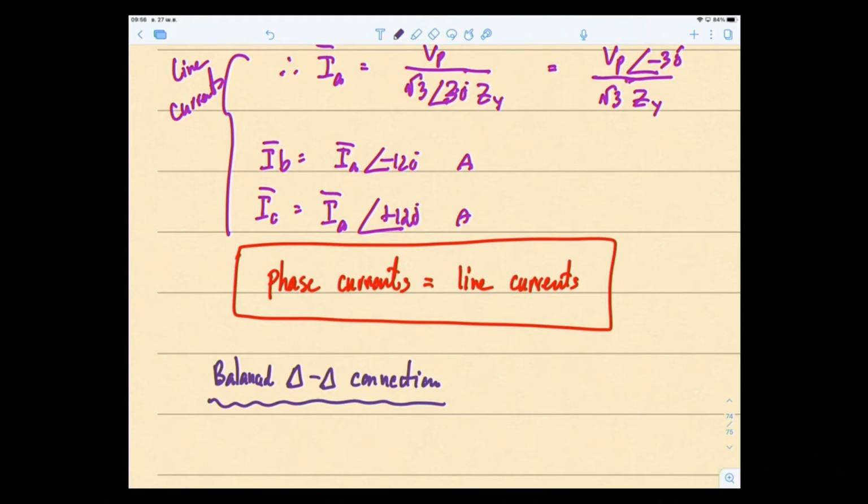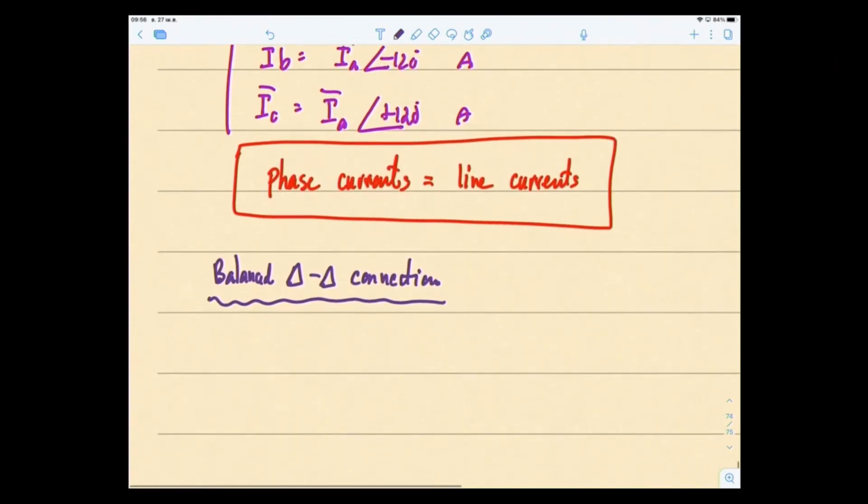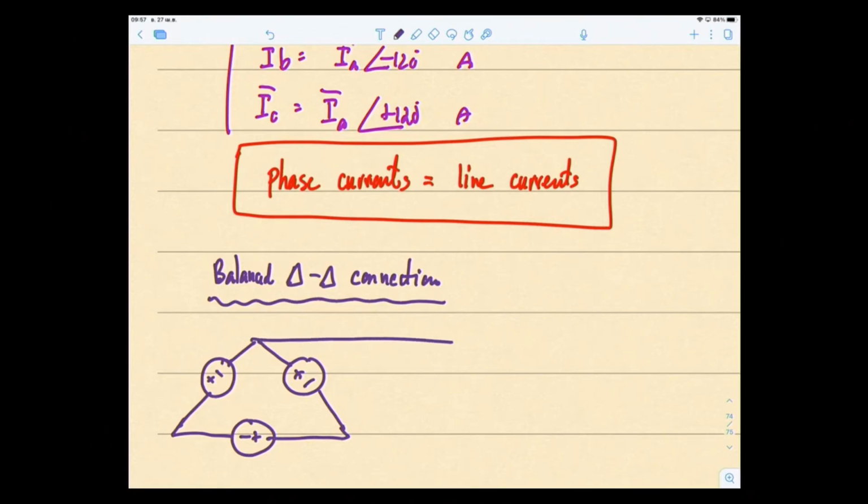So the delta connection is not difficult to understand. So we have a delta source and delta load.